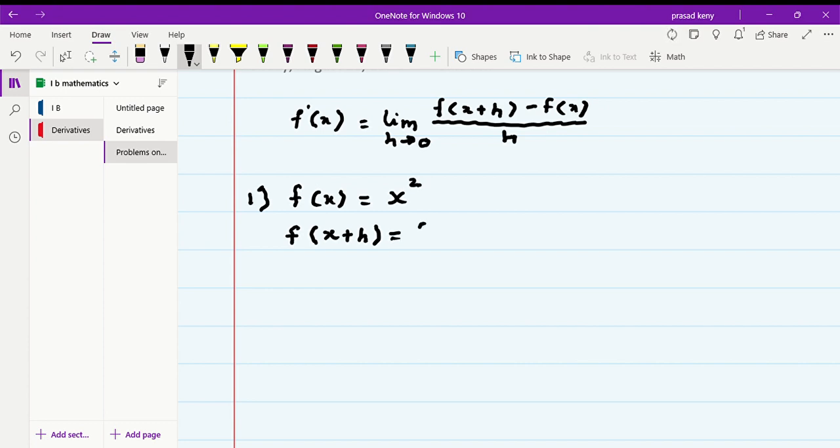So it will be (x plus h) the whole square. And using the binomial expansion for (x plus h) the whole square, this will be x square plus 2xh plus h square.